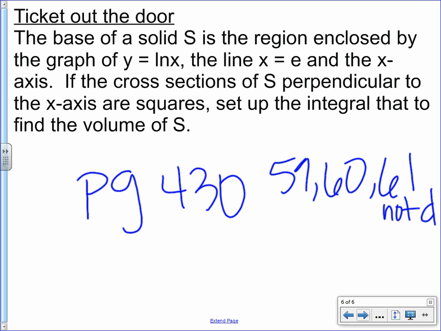So the top function is natural log of x, the bottom function is the x-axis. If you have it done before the bell rings, you can finish it. Careful. What's the area of the square?